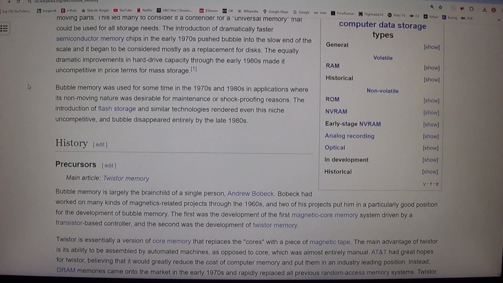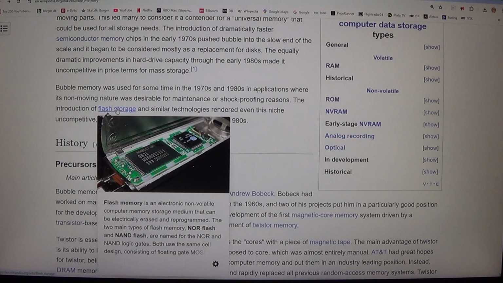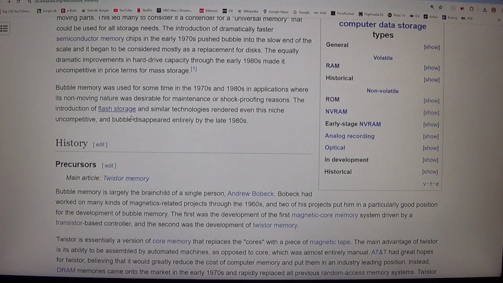Bubble memory was used for some time in the 1970s and 1980s in applications where its non-moving nature was desirable for maintenance or shock-proofing reasons. The introduction of flash storage and similar technologies rendered even this niche uncompetitive, and bubble disappeared entirely by the late 1980s. History. Precursors.